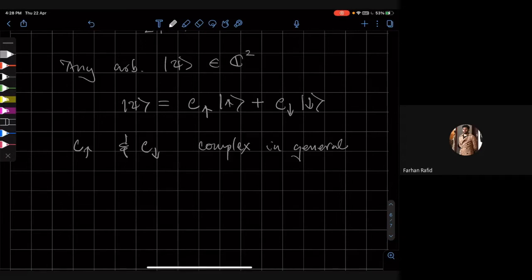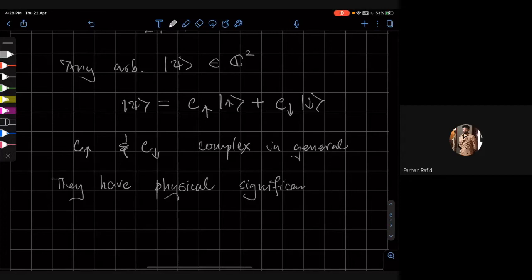And they actually have physical significance. Okay, so what is the physical significance?